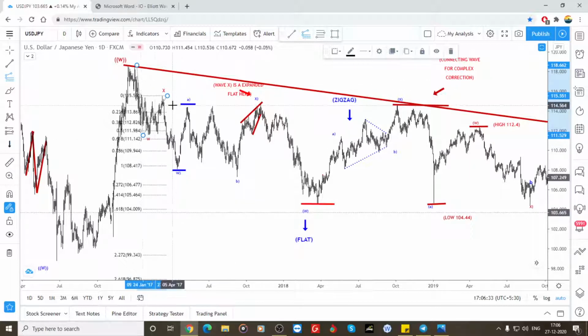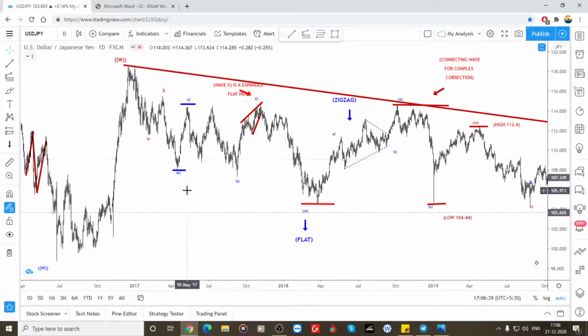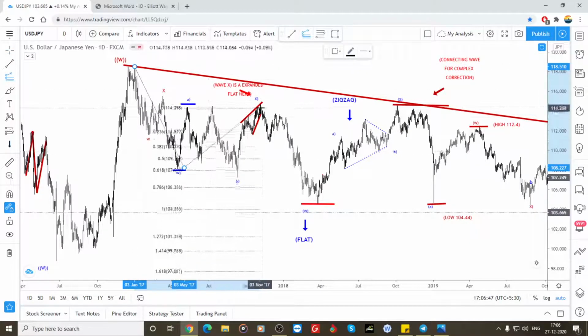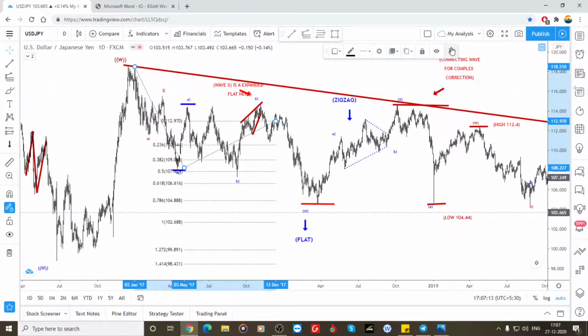Once the A is over, the B rejection, same target, there is no change, but it could make a bigger one also. 1.618 is also accepted. Mind that this is only for identification and for reference, and it won't come most of the time as per the book, but it will be there as per the book also.